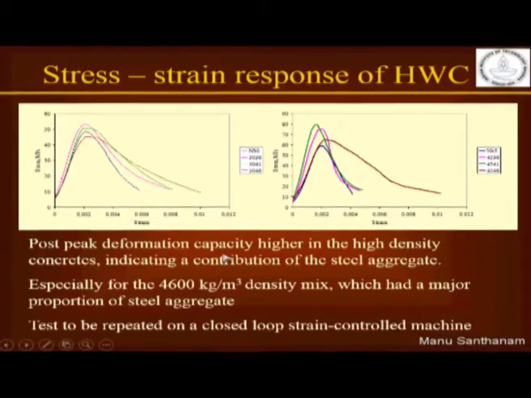So again we had done this test where we developed high density concrete with aggregate made with steel and with hematite, and these heavy density concretes were tested for their stress strain response under compression, and what you see very clearly is the ascending and descending branches of the stress strain response, and that is how we were able to complete this measurement by understanding how to do a displacement control of your concrete.